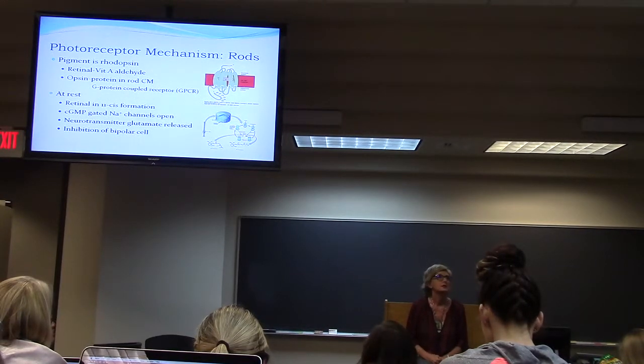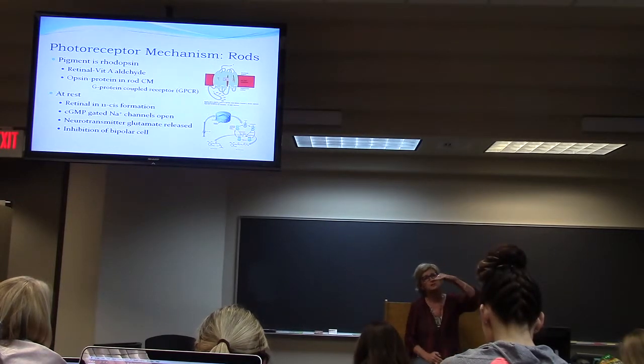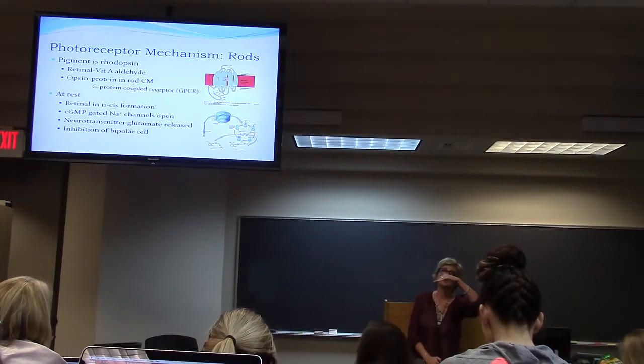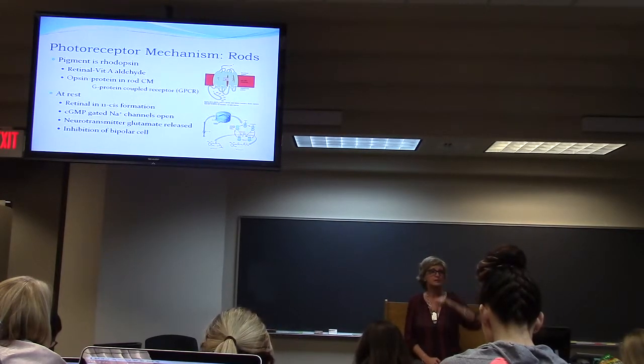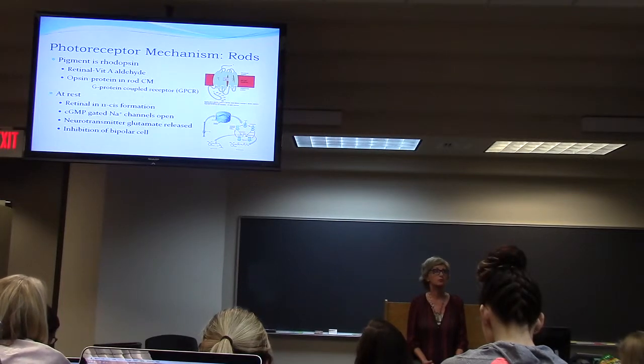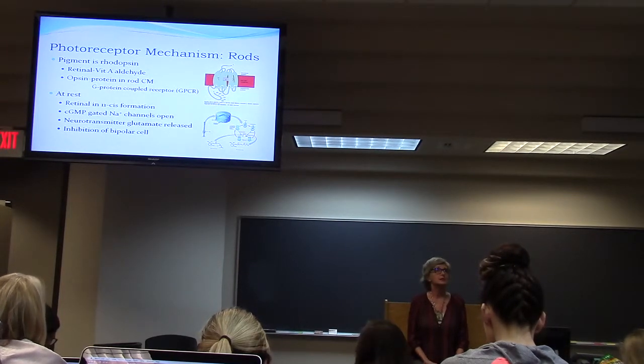At rest, retinal is in the 11-cis formation, which means it has a little bend in it. That's all. It's sitting there stuck to its opsin, and then it will get excited at a particular wavelength. I forgot which wavelength it is for rods, but it's kind of in the green area.